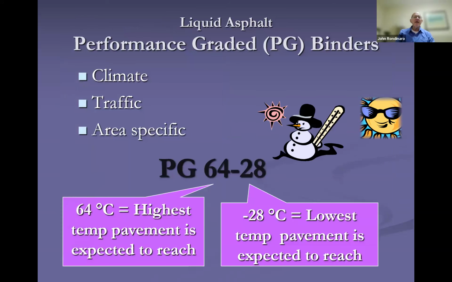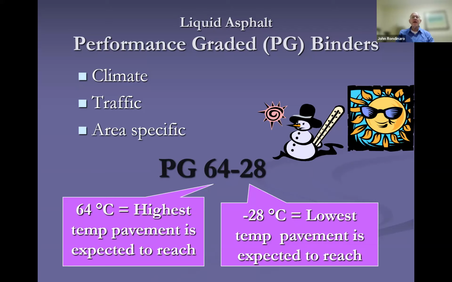And then in terms of our liquid asphalts, I'll spend a little bit more time on this. We refer to them as performance graded binders, or PG binders. These are developed or engineered based on climate, traffic, and specific geographic area.